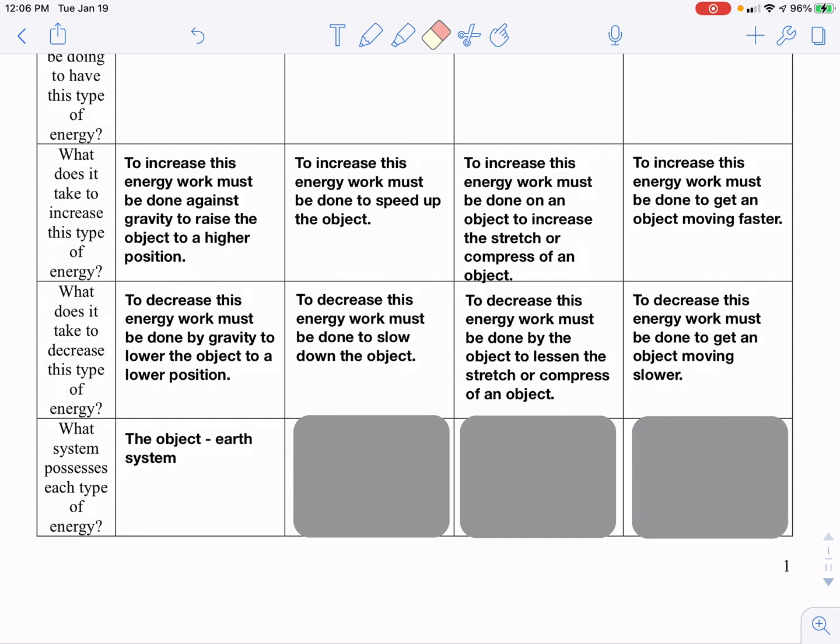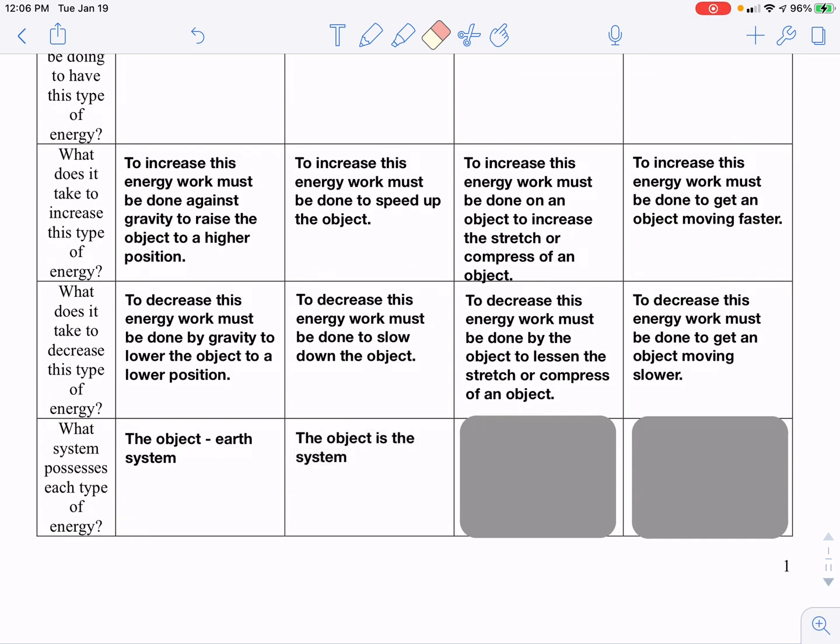Okay, but we call it the object-earth system. So if we're talking about you sitting in a chair, or let's say you climb up a ladder, you have the potential to fall, therefore you have gravitational potential energy. We would describe it as the person-earth system, the you-earth system.